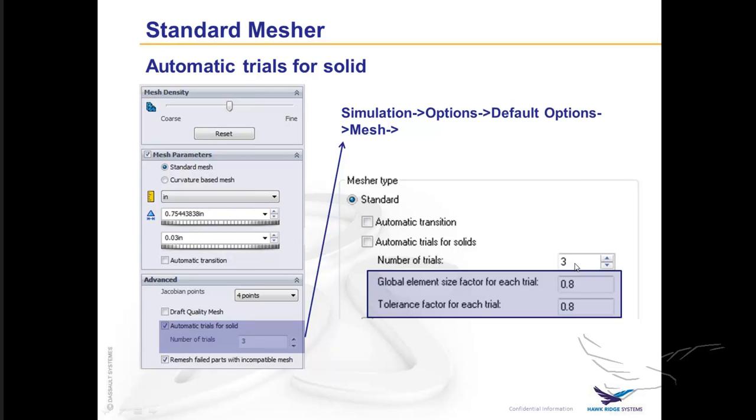If that fails, it'll try another 80% of that size and try again. So it'll just reduce our element size by 20% each successive run, and this is a value that you can change as well. This works pretty well for simple components, but it's something that you probably want to stay away from when you get into complex assemblies, especially if you have automatic transition on. You may end up with an excessive number of elements.